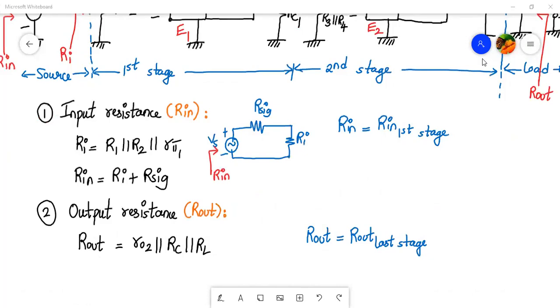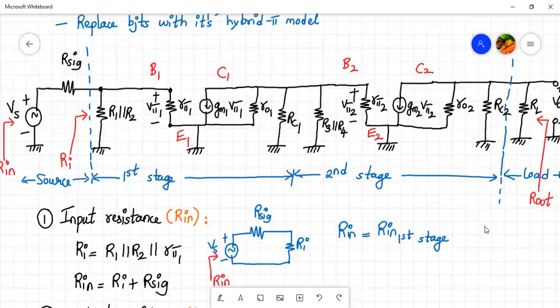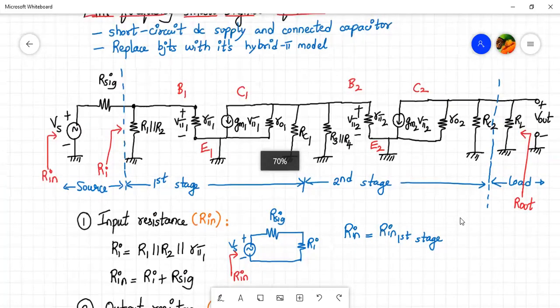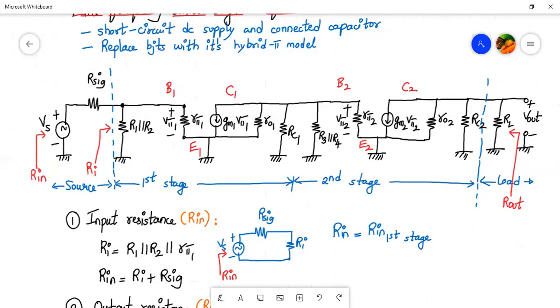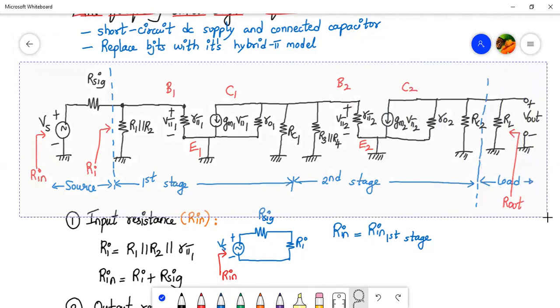Now, next, we will find the expression of voltage gain. Okay. We'll find the expression of voltage gain. Now, for that, let me copy this circuit again. Okay. Give me a minute. We are supposed to find the expression for voltage gain.